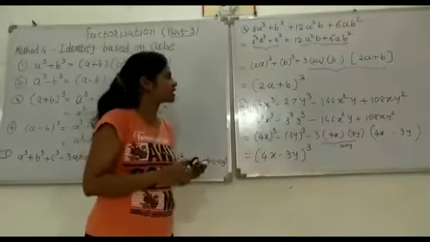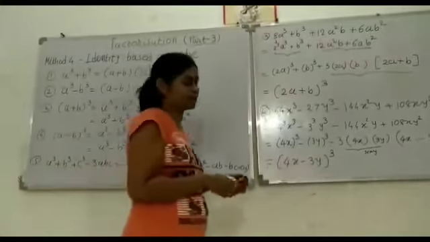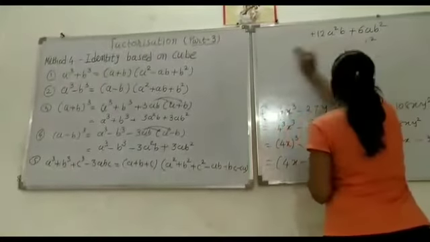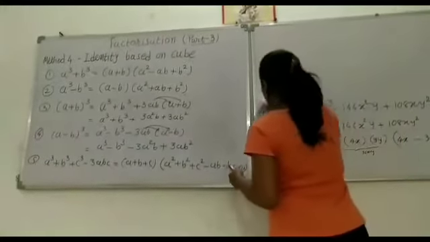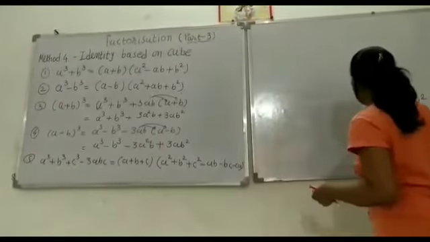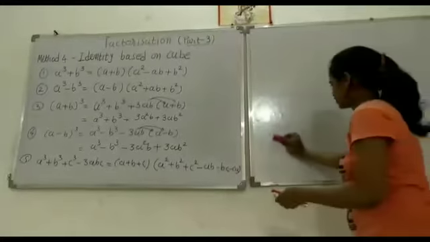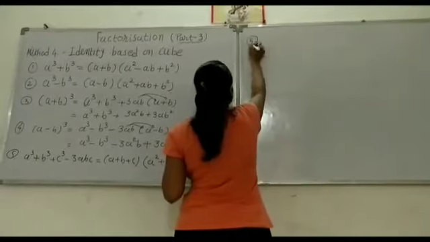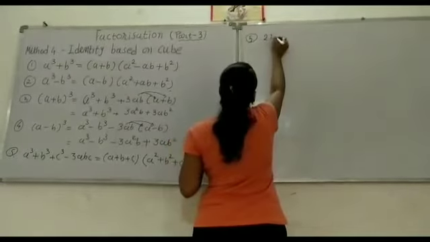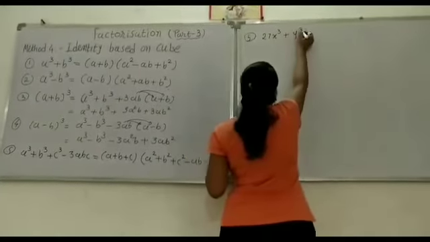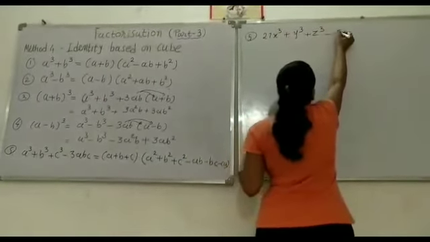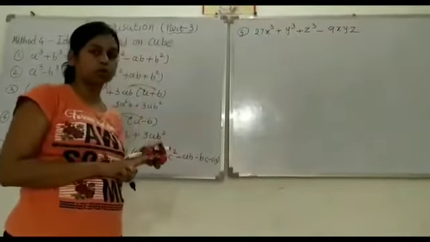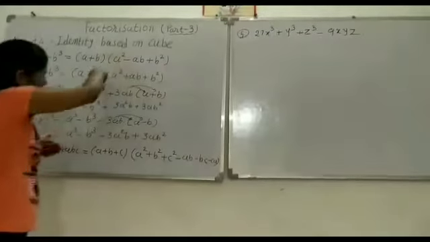Now we consider an example based on this identity, the fifth identity. Now, whenever you have cube terms, then you think about all these identities.